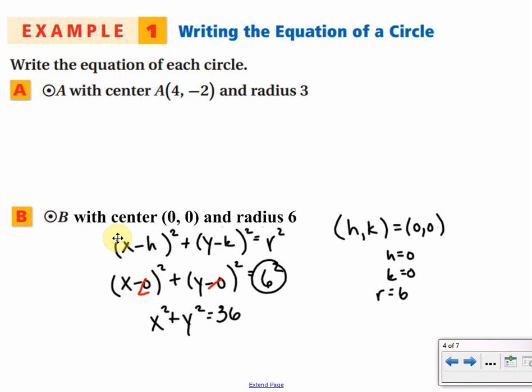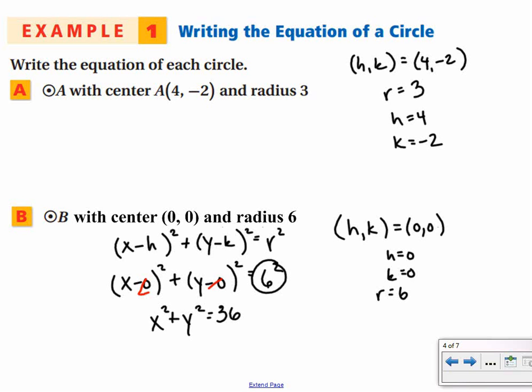Circle A with center (4, -2) and radius 3. So I know that my (h, k) is (4, -2), and my radius is 3. So h is 4, k is -2.